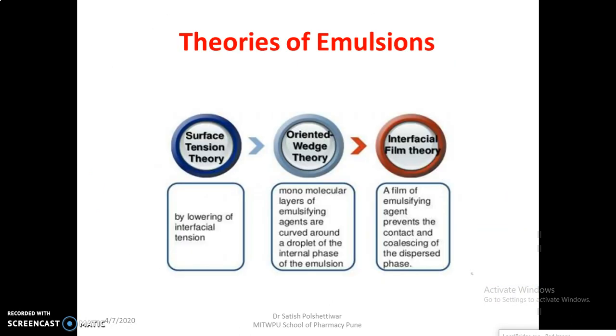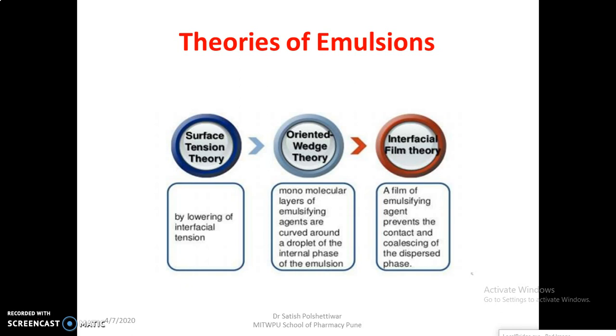So there are three main theories. First is the surface tension theory. As we discussed, if you want to mix oil with water, it won't mix because of interfacial tension. Interfacial tension is very very high between these two phases, because of the force of adhesion between unlike molecules, the strength of which is very very high. That's why we have to reduce the interfacial tension by adding some surfactant. If you want to make an OW type emulsion, oil is your dispersed phase and water is your continuous phase.